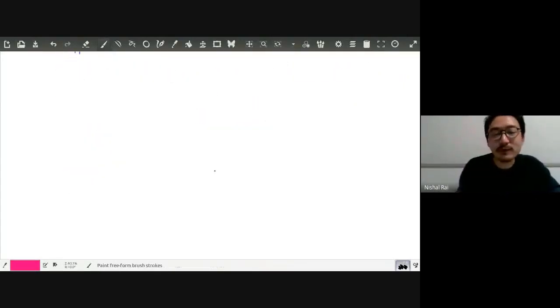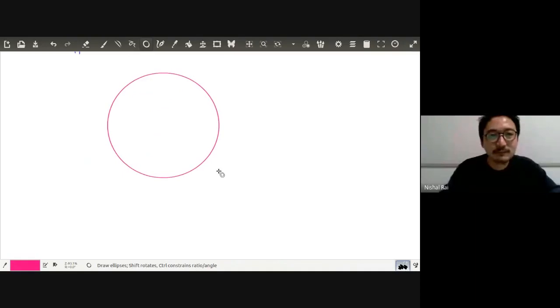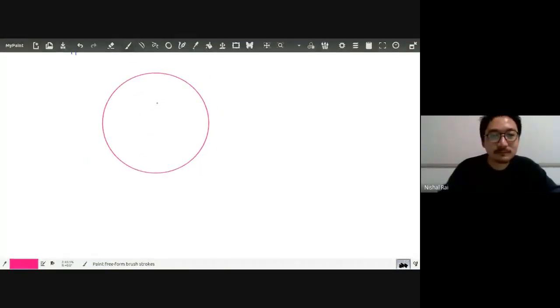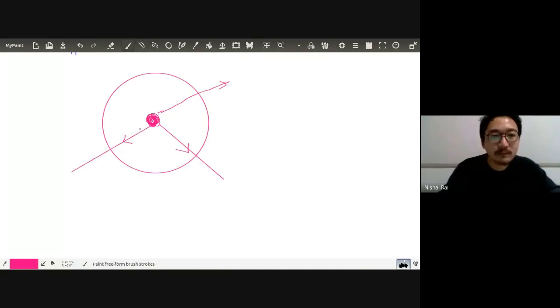Now what we have to do in our next class is to consider radial flow of heat. What is radial flow of heat? Can you see this is a circle? If you start heating at the center, then the heat will flow radially outward.